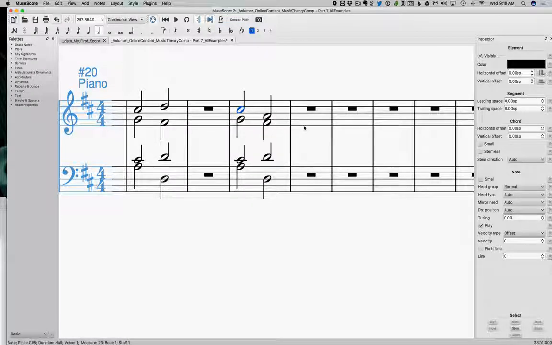So the thing to keep in mind here is don't double your leading tone in your 5-7 chord because you're going to draw yourself into a corner and there's no way out of it. So don't do that. Easy enough, right? Okay, let's move on.